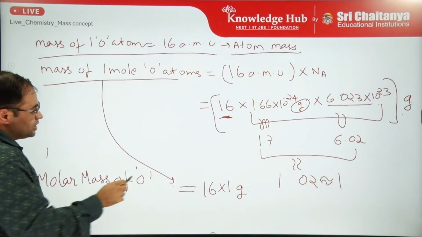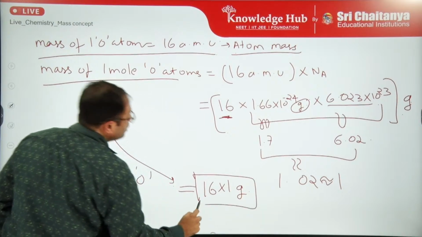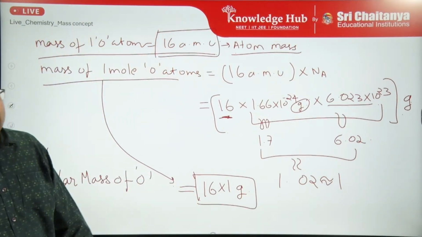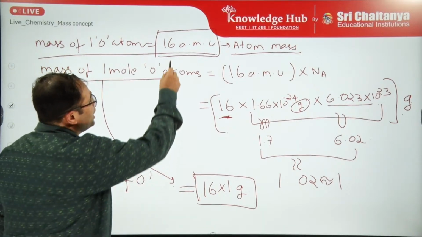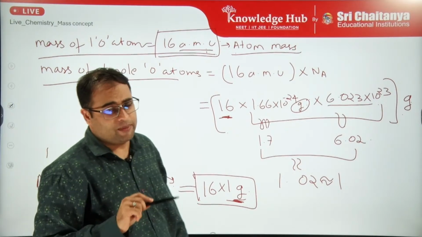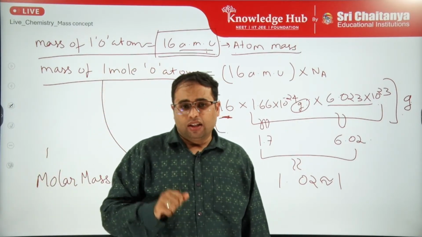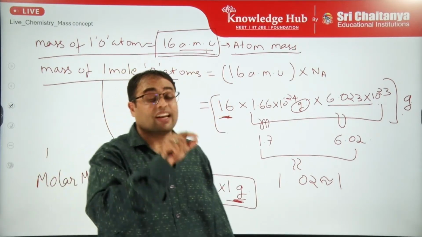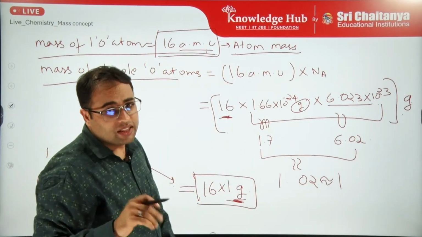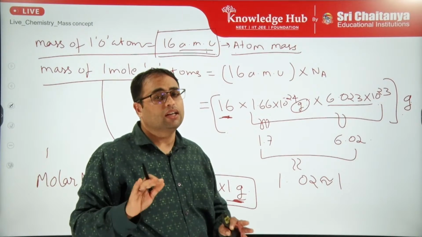See, this is 16 grams and this is 16 AMU. So what is the difference here? I've just replaced AMU by grams. Yes, you can get the molar mass in grams by just replacing this AMU by grams, and then you will get your molar mass in grams.